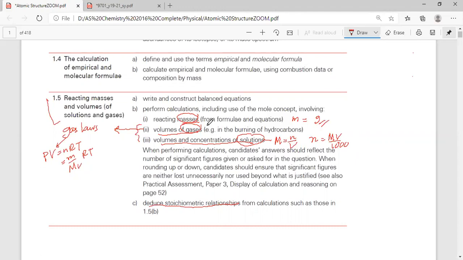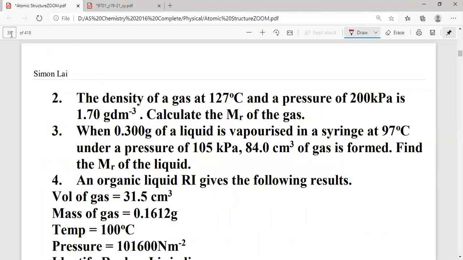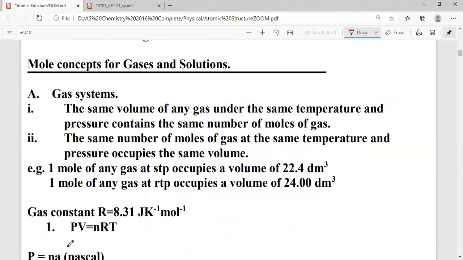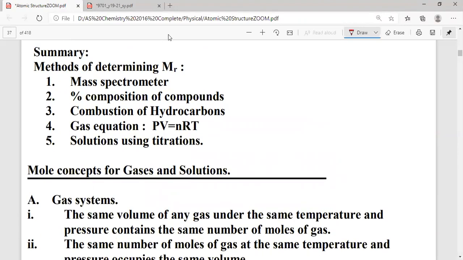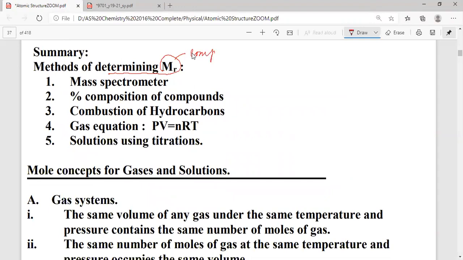Now, let's look at the page, just some theory, page 37. So far, look at this summary. What we have done in calculations is we have learned how to determine the MR of a compound. Remember, MR is the relative molecular mass of a compound.